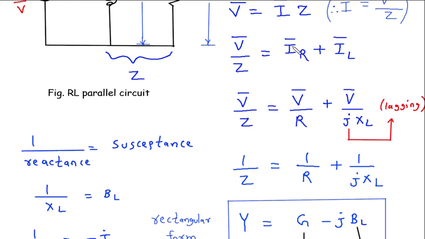Now this IR phasor is equal to V phasor divided by R, and this IL phasor is equal to V phasor divided by JXL. This 1 by J represents lagging.